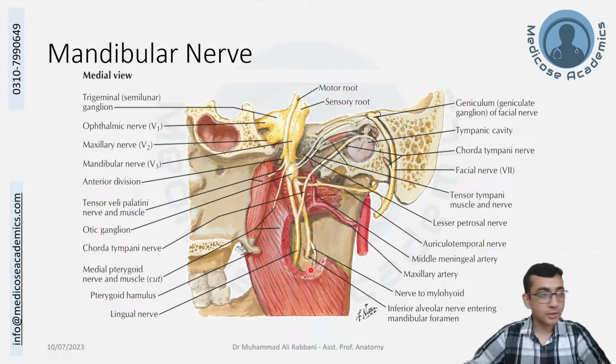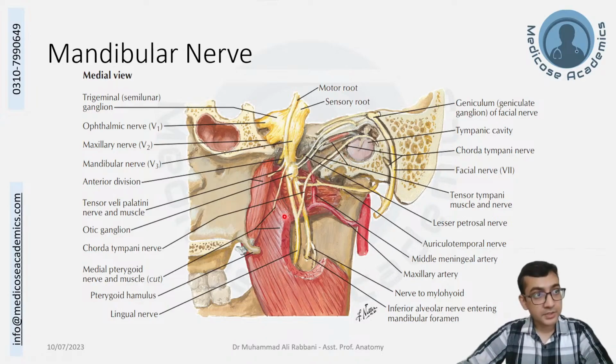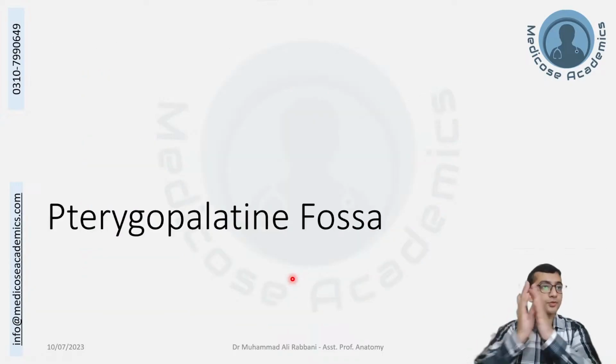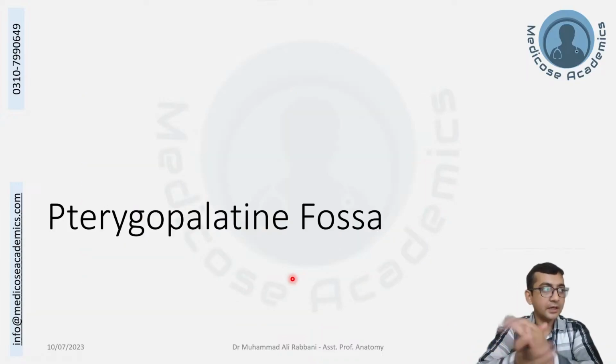And in the last, we talked about the lingual nerve that received the chorda tympani, and after gaining the superpowers from the chorda tympani, it went on to supply the anterior two-thirds of the tongue and two of the three remaining salivary glands. So that brings us to the end of the infratemporal fossa.